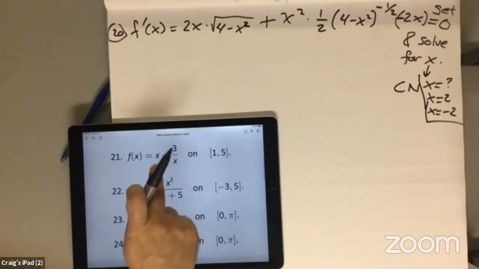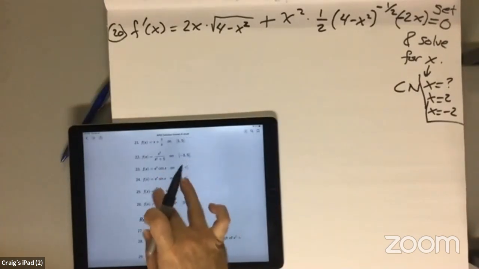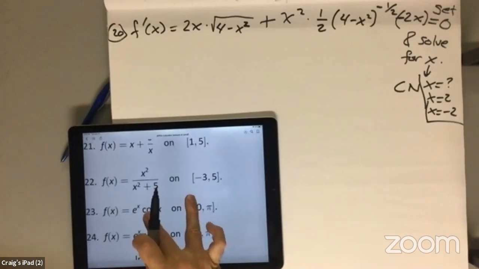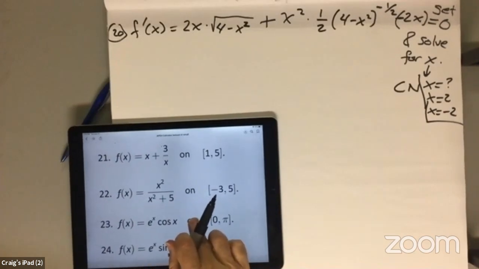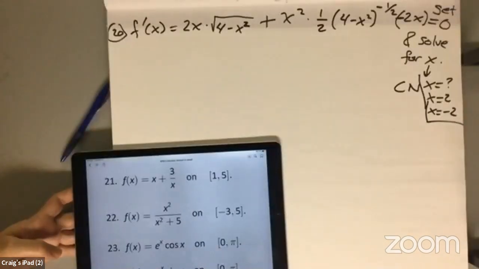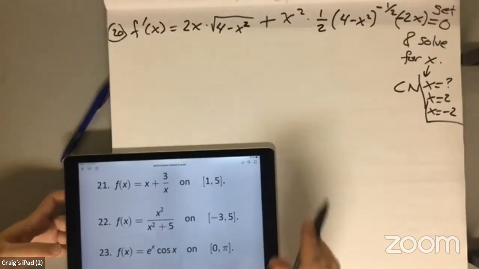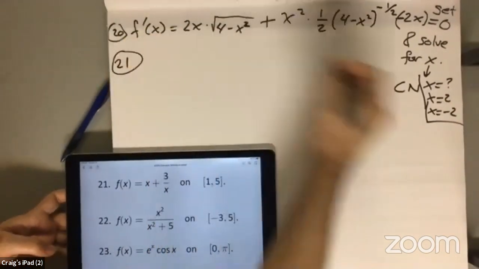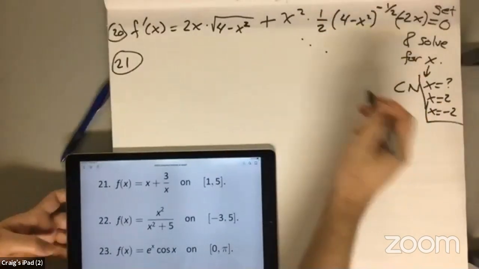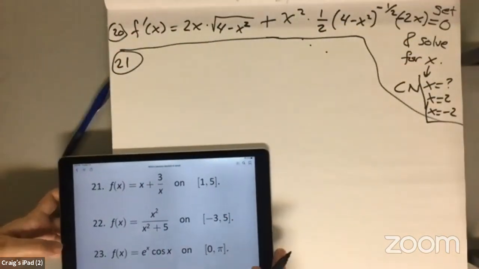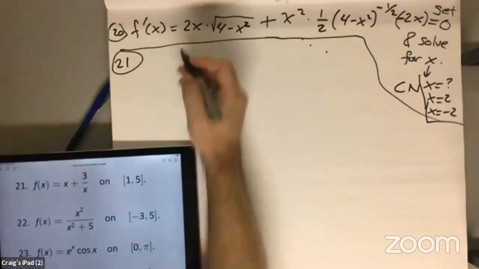So first we'll do the more algebraic one, and then we'll move on to the transcendental one, which is the e to the x, the exponential, and the trigonometric function. Okay, so I'm going to jump to 21. This one has an ellipsis. There's more to be done on that one, but I'm not going to finish it. So 21, because it was so similar to the last one.